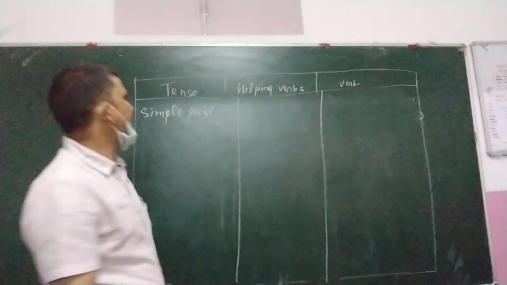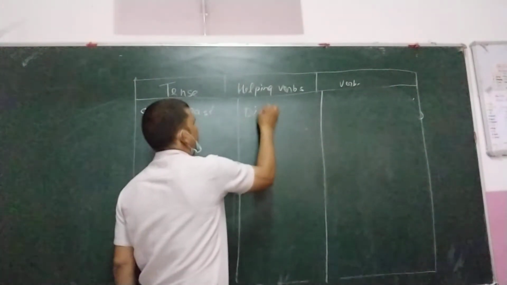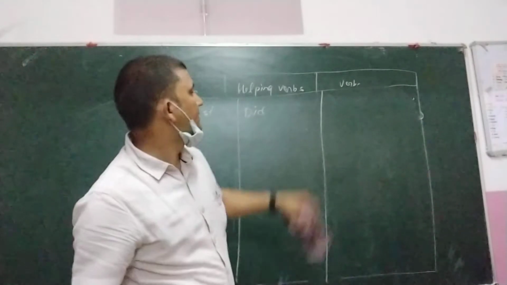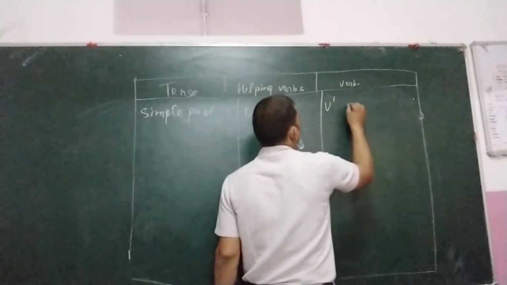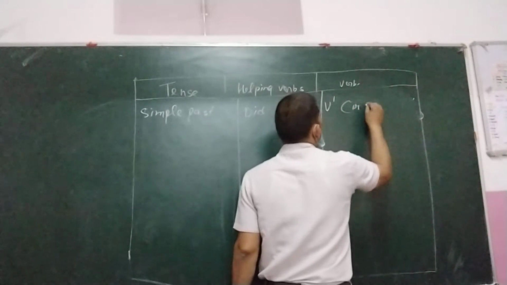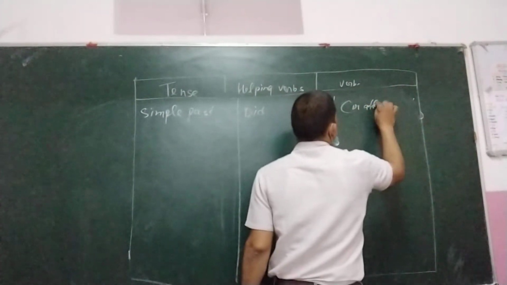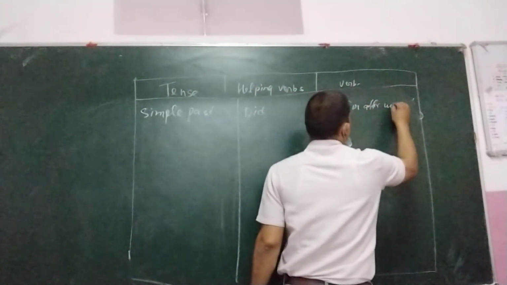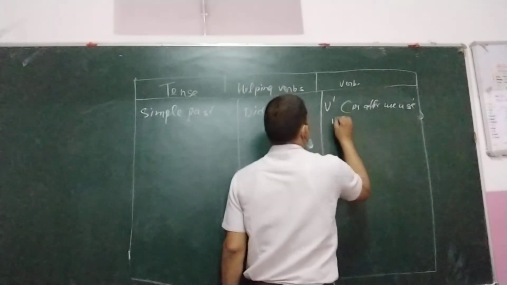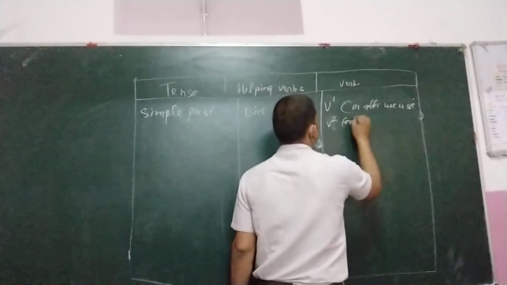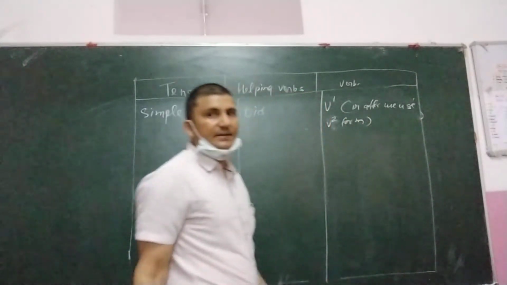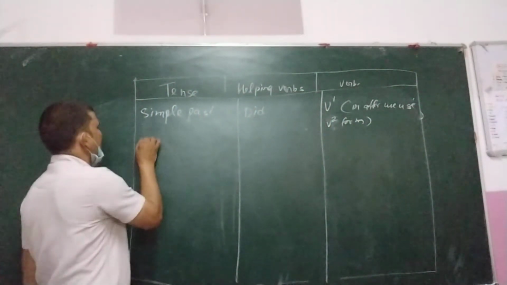The helping verb of simple past is did. Now the verb will be the first form of verb, but in affirmative we use the second form. Okay, now past continuous.